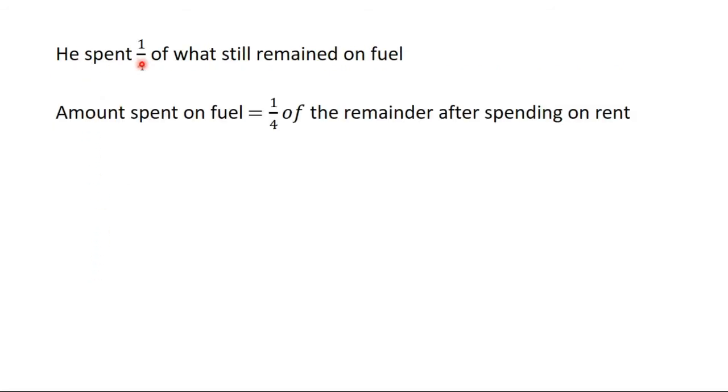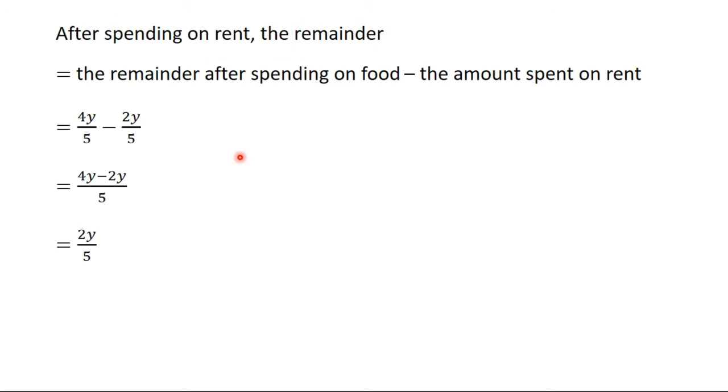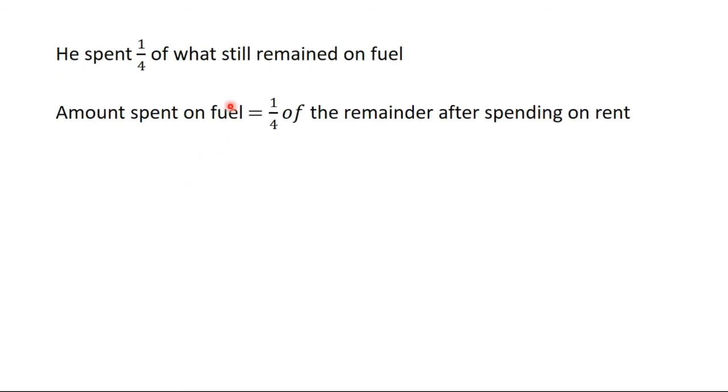So the amount spent on fuel, it says that it is 1/4 of what still remained. What still remained after he has spent on rent, which is 2y/5. So the amount spent on fuel is 1/4 of the remaining after spending on rent.